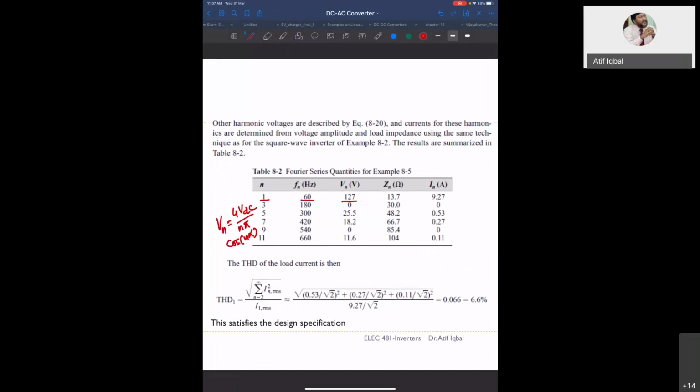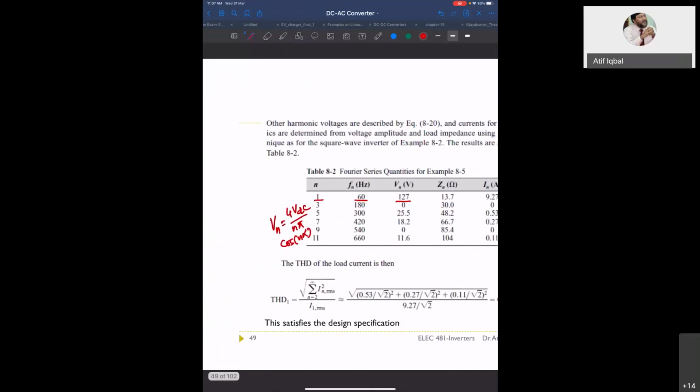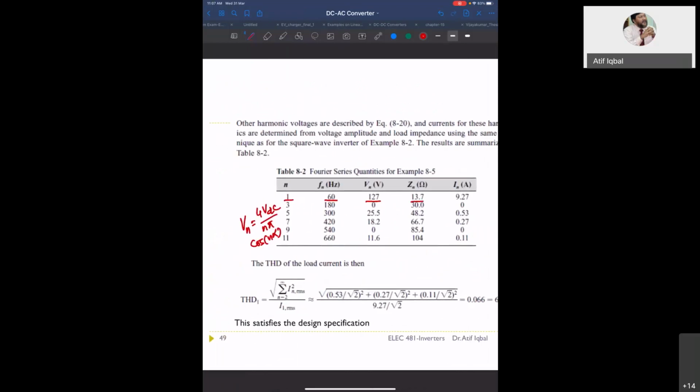The fundamental voltage is 127 volt, the impedance is 13.7, and the current is given as 9.27. Then for the third harmonic, the frequency will be 180 because it is 3 times that of the fundamental. The output voltage is 0 for the third harmonic because it is switching at 30 degree, so the current is 0. There is no voltage, so there is no current.